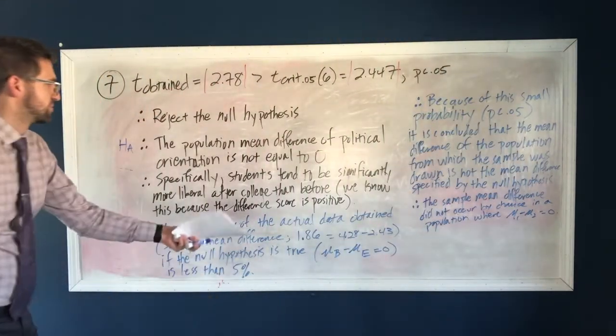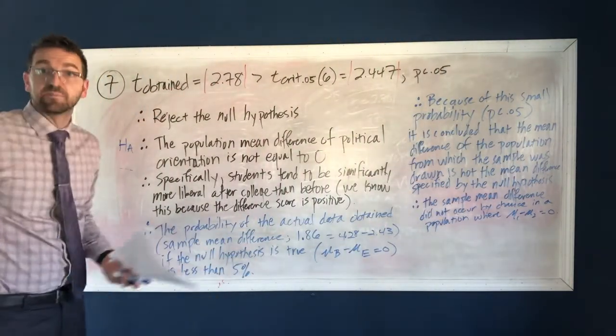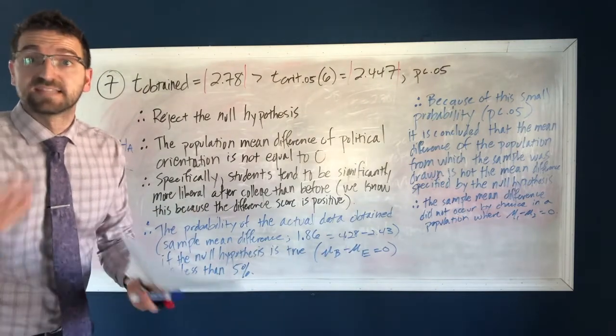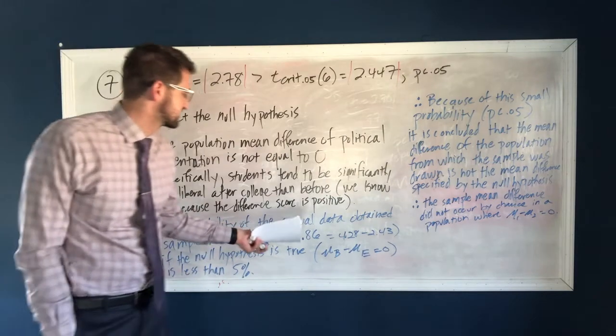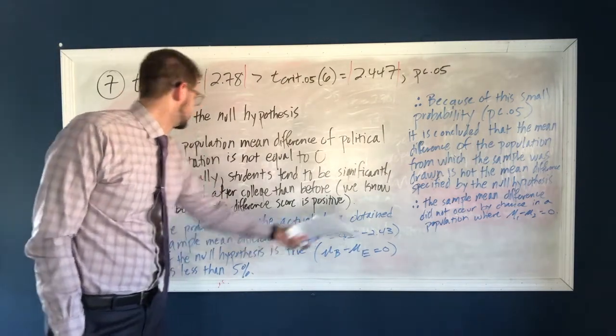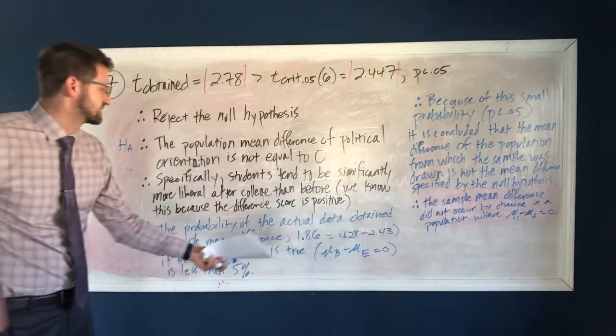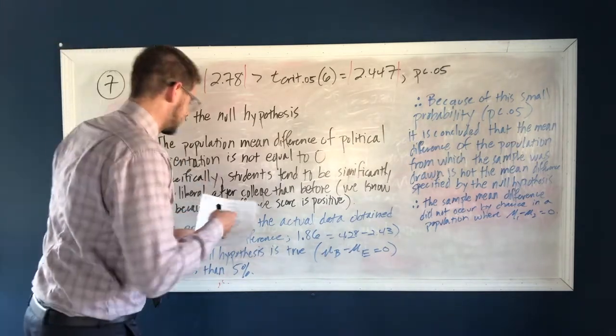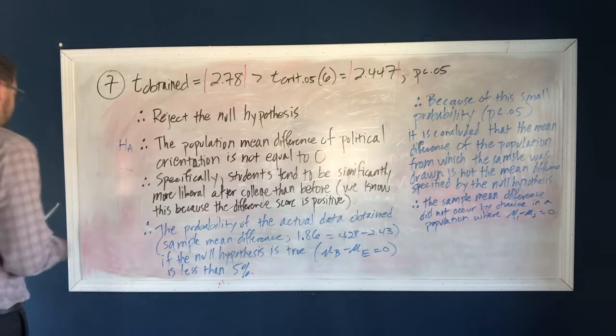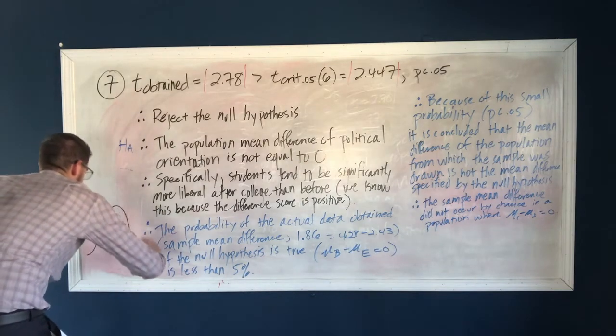Okay, the probability of the actual data obtained, and the sample data that we're dealing with in this case is going to be the sample mean difference, 1.86, if the null hypothesis is true, is less than 5%. So once again, we could draw our little picture.